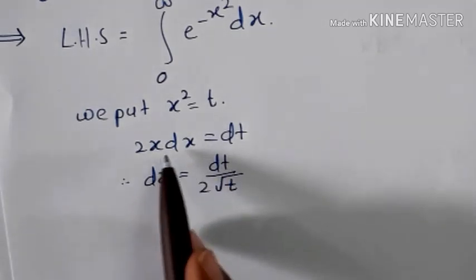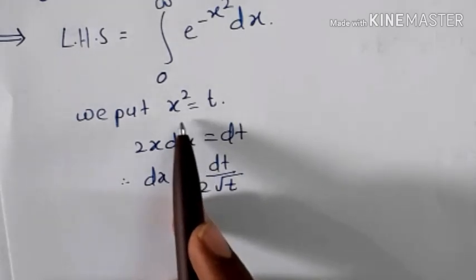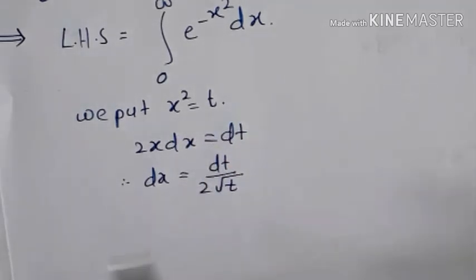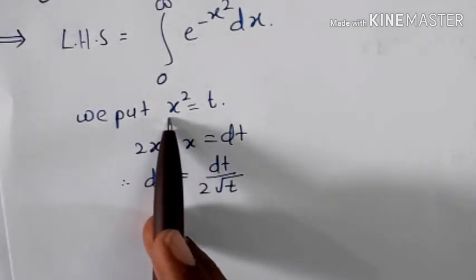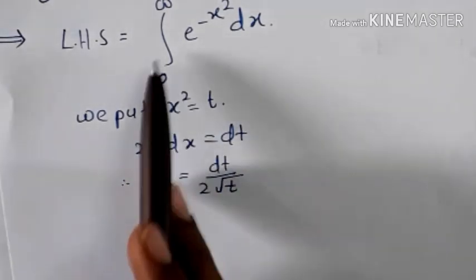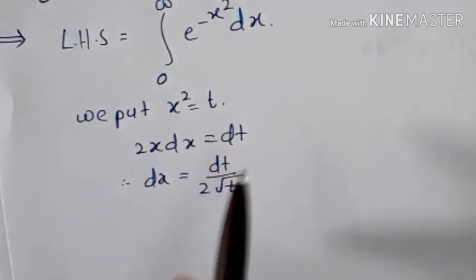Therefore dx equals dt divided by 2 root t, as x squared equals t, therefore x equals root t. Also the limit: when x equals 0, t is equal to 0. When x equals infinity, t is also infinity, because the square of infinity is also infinity.